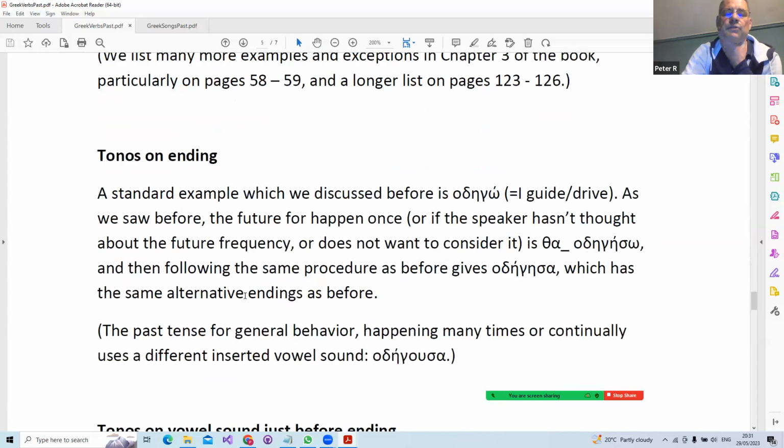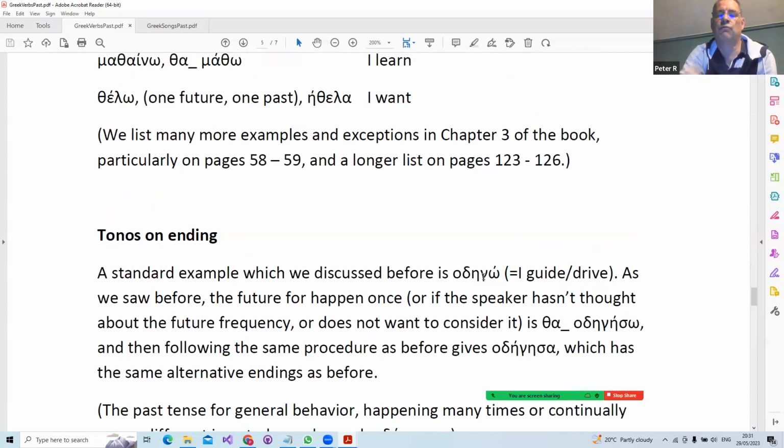Okay, so that was when the tonos wasn't on the ending. It was before the ending, and there was a consonant sound before. Another verb we'd come across is οδηγώ, which is I guide or I drive. And here the long sound, the tonos, is on the ending. So when we had the future for when the thing was happening once, or the speaker hasn't really thought about the frequency, we have θα οδηγήσω.